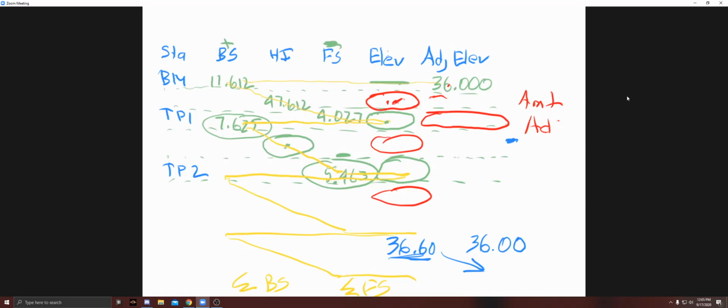So each of these adjustments would be a negative value. If your unadjusted elevation is, say, 35.400, you need to add the adjustment because you want this number to go up to 36. All right. So don't go the opposite direction. If you do that, you're going to double your error instead of eliminating your error.